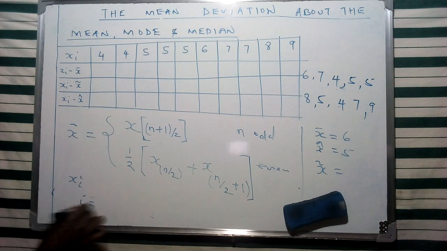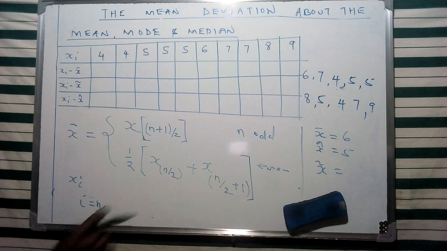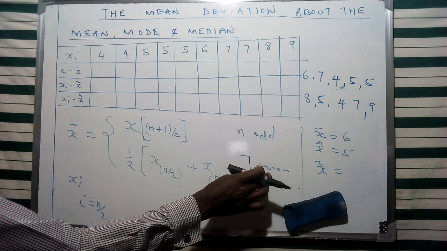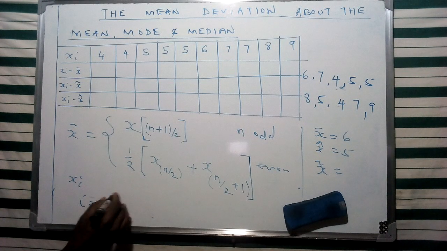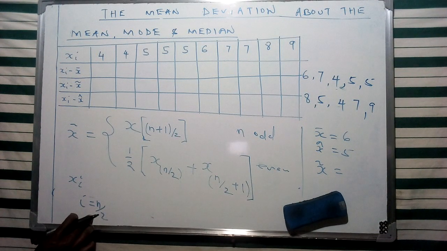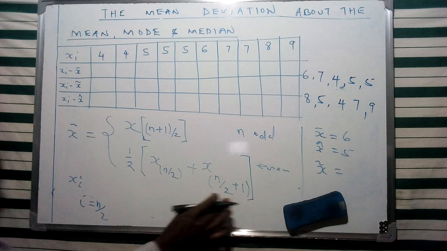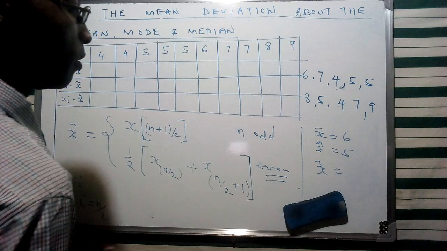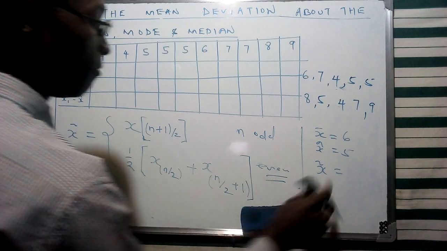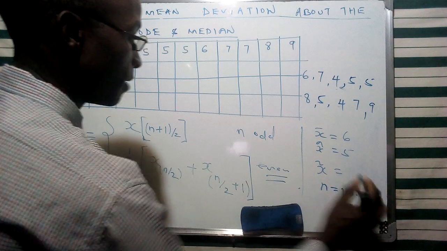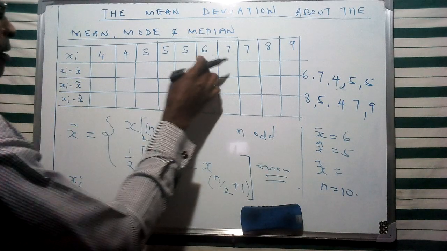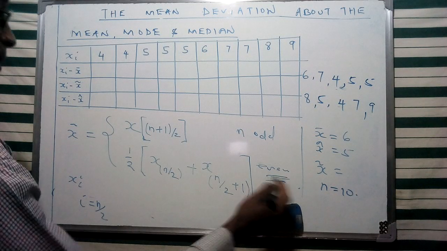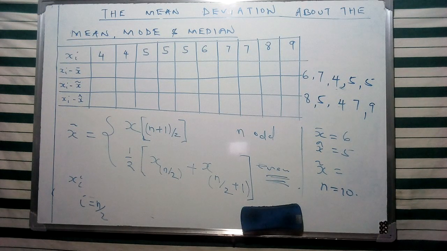So the value of i is going to be n over 2 for the first part, for the even number of observations, and then we shall have i equal to n over 2 plus 1 for the second case. In this case, since the number of observations n is 10, as we counted 1, 2, 3, 4, 5, 6, 7, 8, 9, 10, we are going to consider this one as an even distribution.